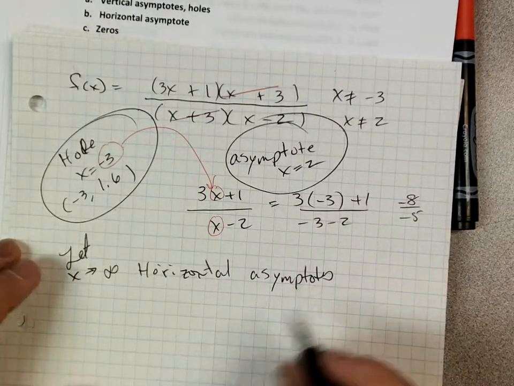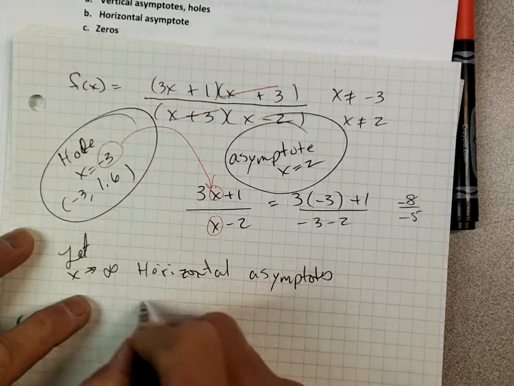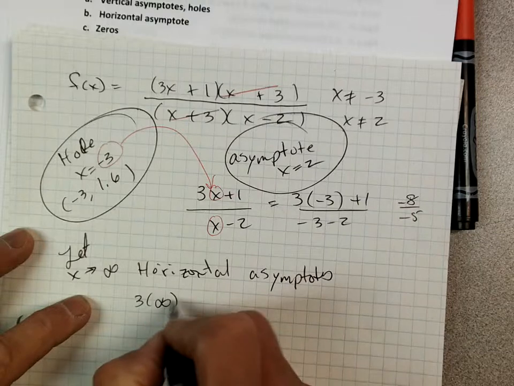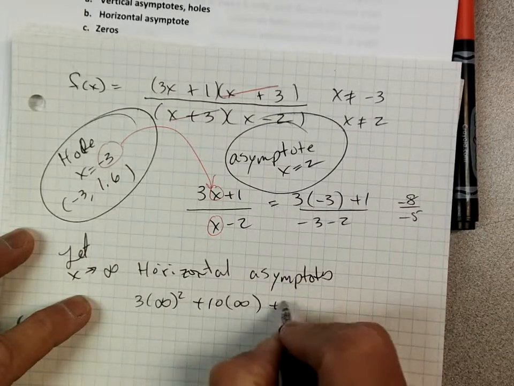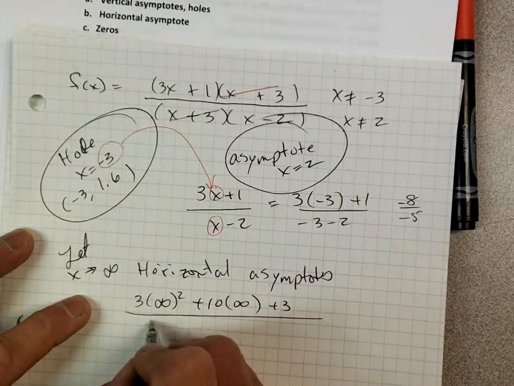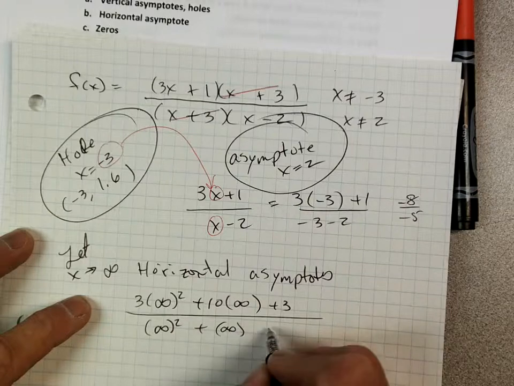So if we do that, we're going to gobble up. Okay, we're going to let x go to infinity. Well, 3 times, in a sense, infinity squared plus 10 times infinity plus 3 over infinity squared plus infinity minus 6.